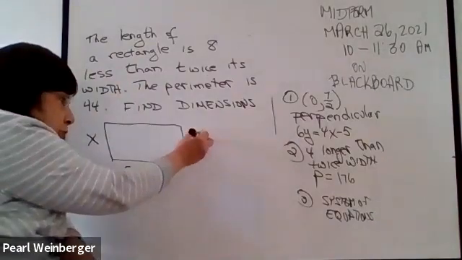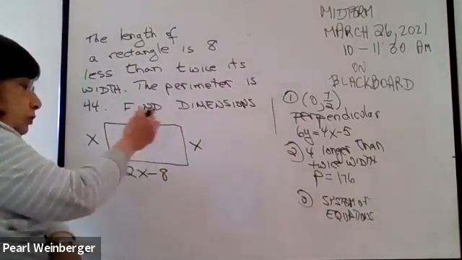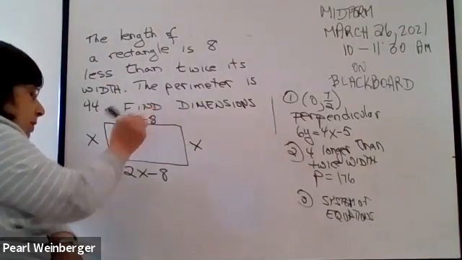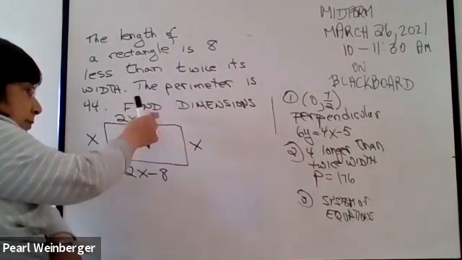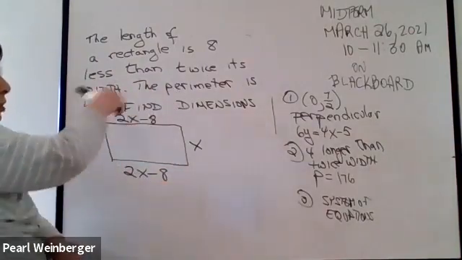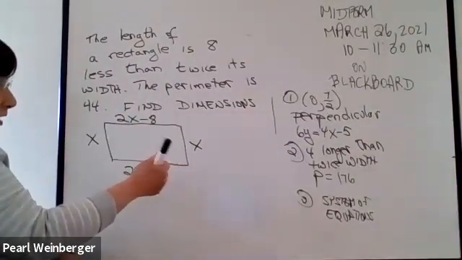Now this side will also be an x because that's also width, and this will also be 2x minus 8 because in a rectangle, the opposite sides are equal, and the perimeter consists of all the sides added up.